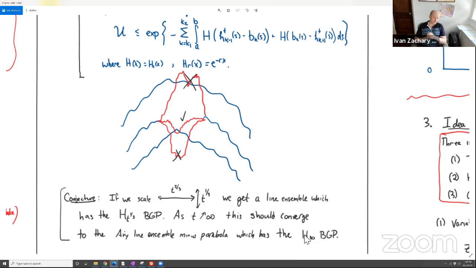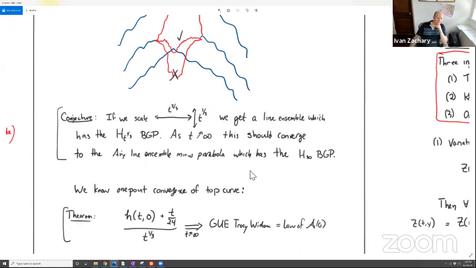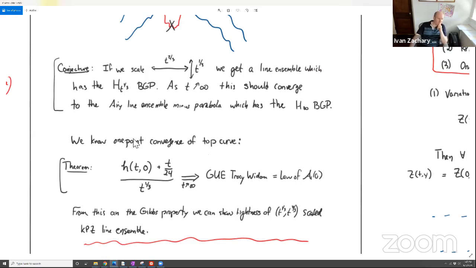But the conjecture is that there is a unique limit, and it is the Airy line ensemble. At the end, I'll explain that there is a sort of uniqueness characterization result that would essentially give this. What we know is the one-point convergence of the top curve.